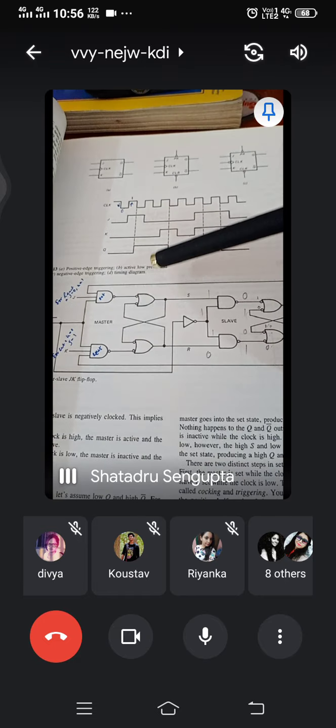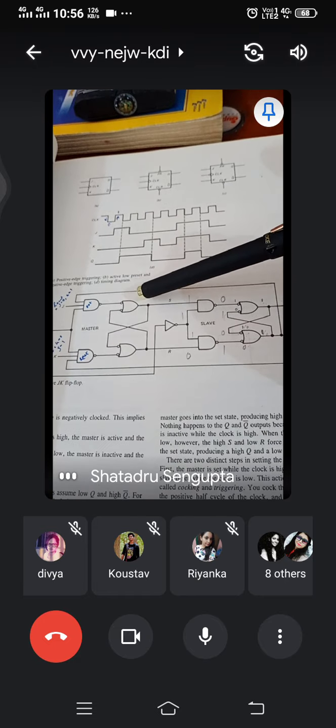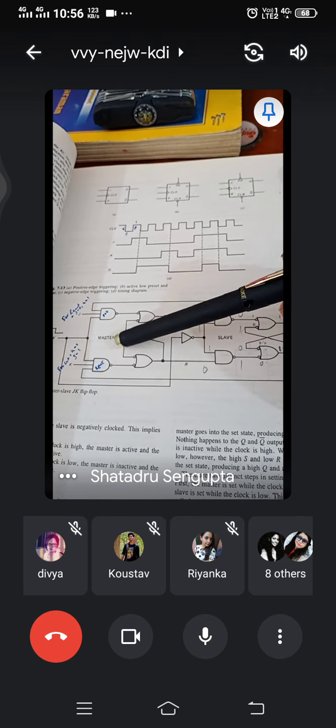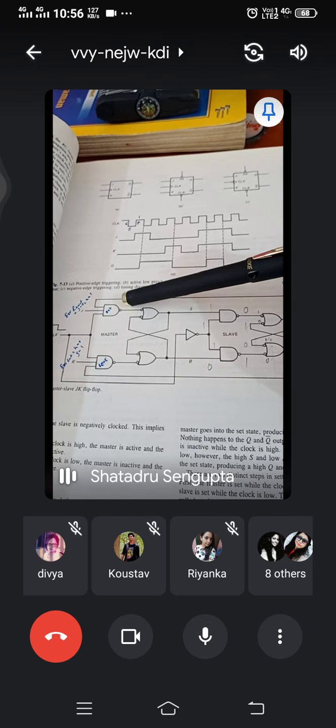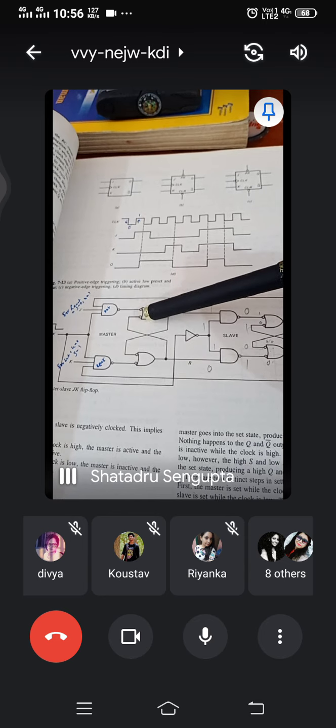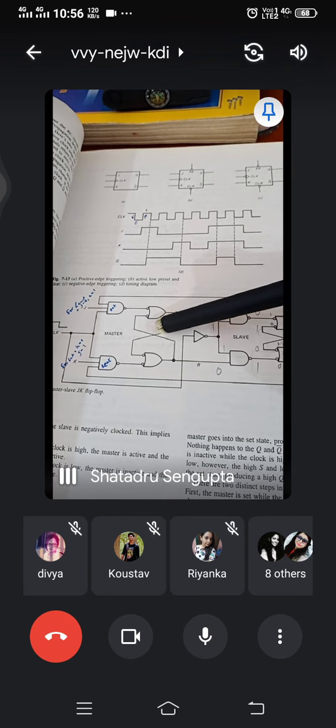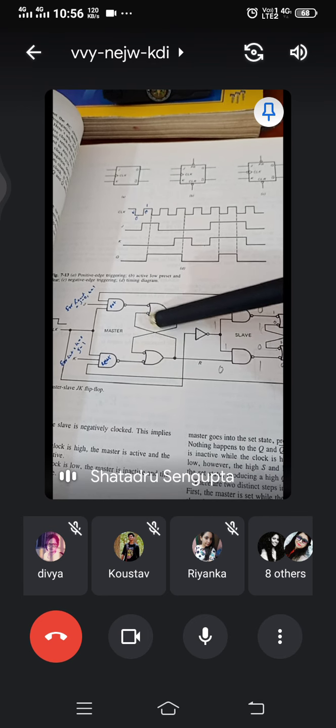So how is it done? First of all, we create a JK flip-flop. Here we have two NAND gates and those signals are inverted into these two OR gates. Feedback of this goes into there and the feedback of this goes into there.